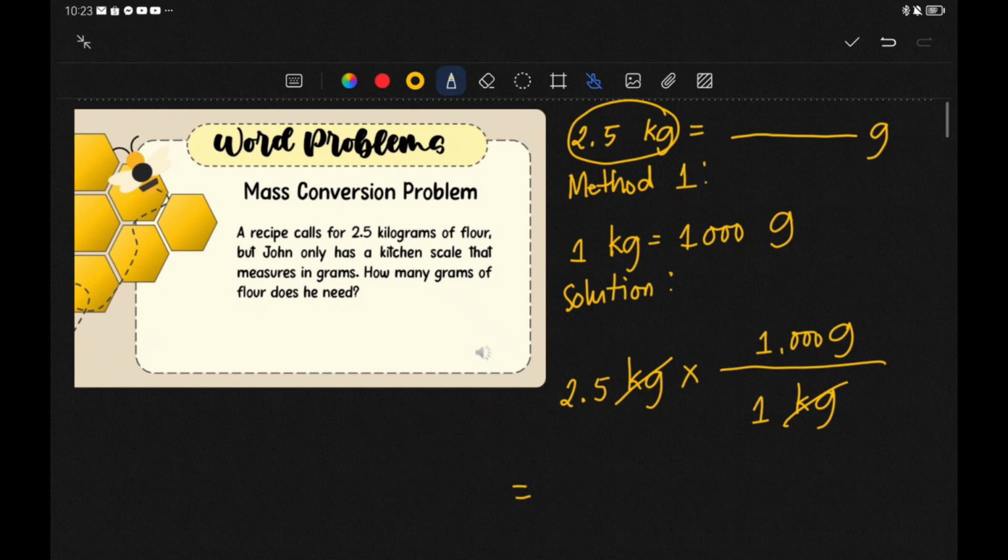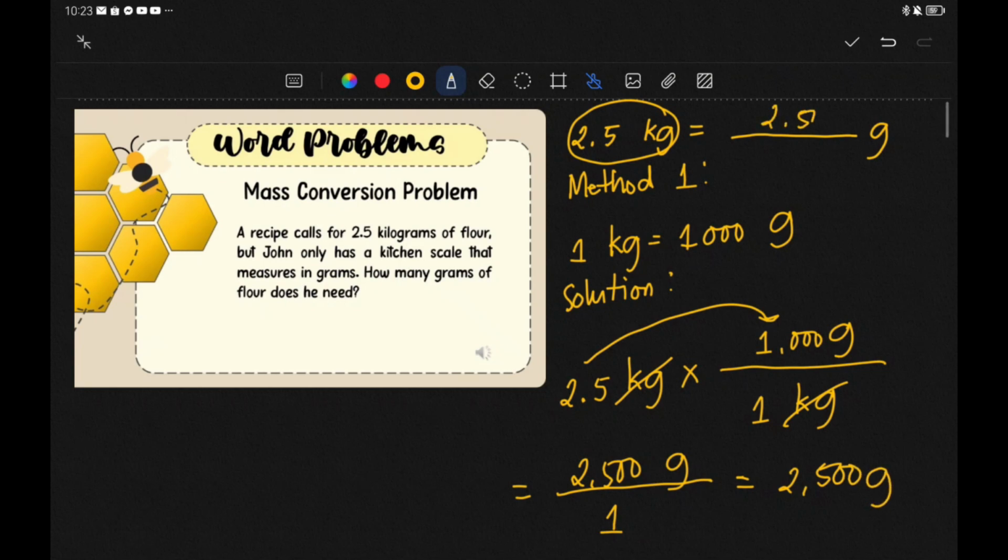Cancel kilogram. 2.5 times 1,000, that's 2,500 grams over 1. Or simply, the answer is 2,500 grams.